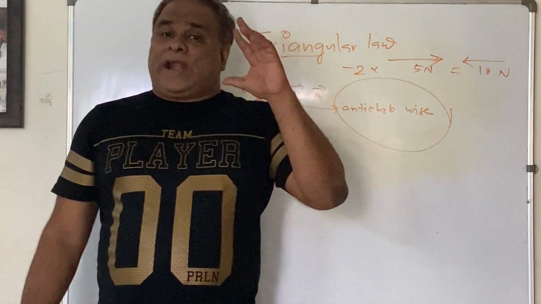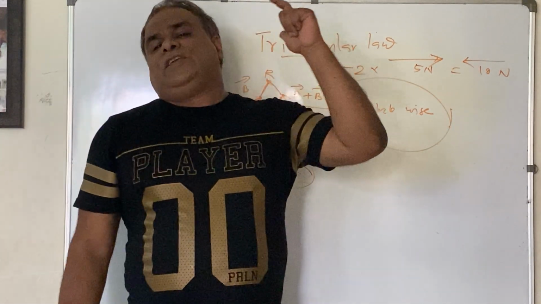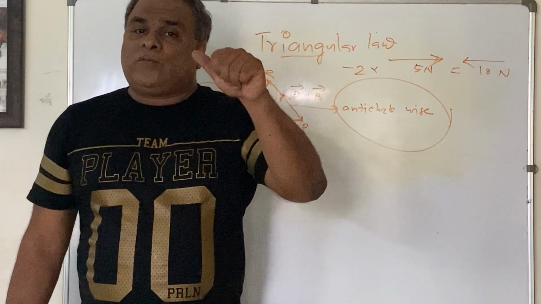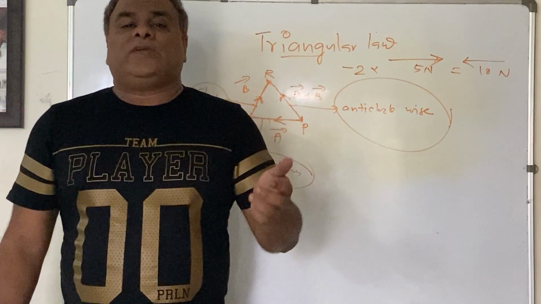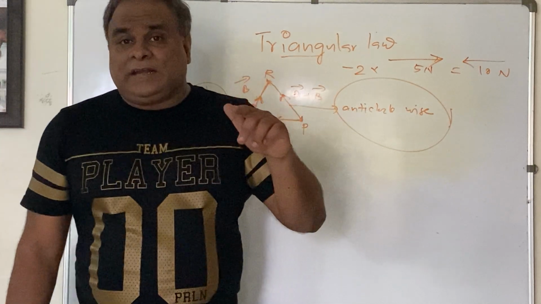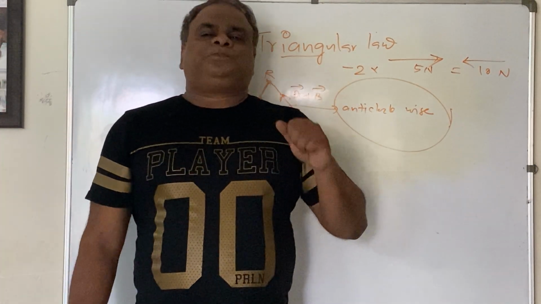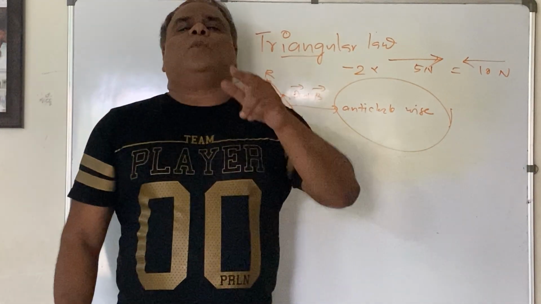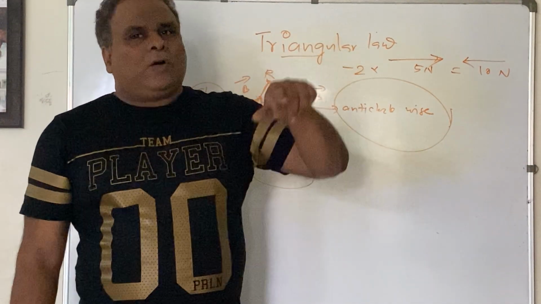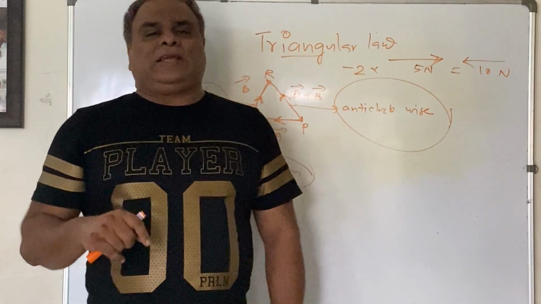After that, for addition, there are two laws. One is the triangular law and another one is the parallelogram law. Triangular law we will use when the vectors are in order. Parallelogram law we will use if the vectors are not in order. What is in order? Both vectors must be clockwise, or if the vectors are anti-clockwise, both vectors must be anti-clockwise.